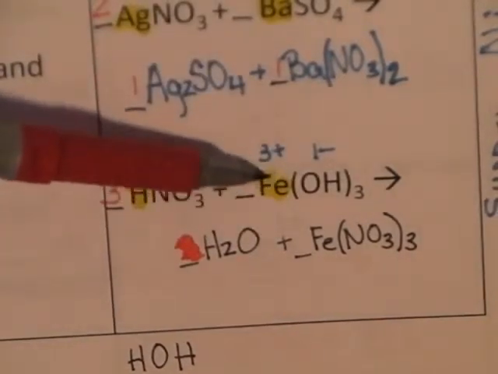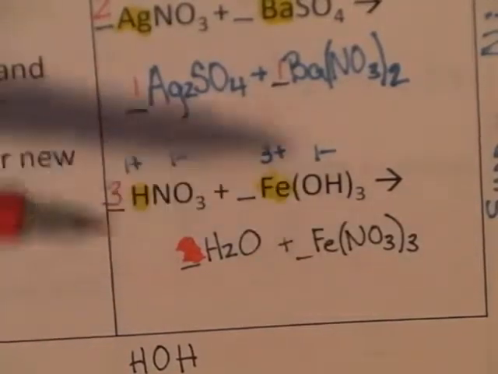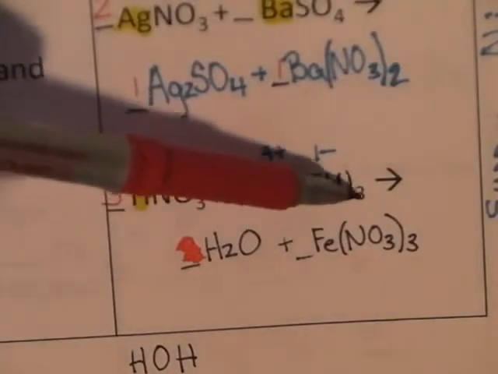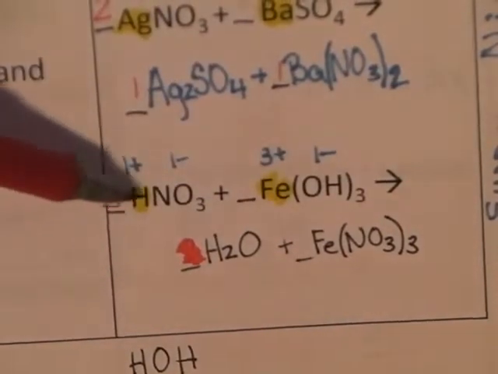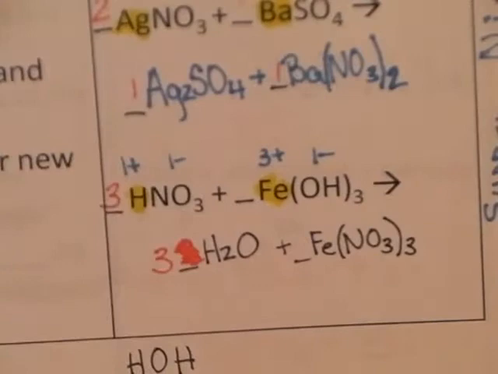So we'll do the irons next. How many irons here? 1, and how many here? 1, right? Now we can do our hydrogens. So how many hydrogens here? That's 3. And how many here? 3, right? So total on this side is 6. So now we need to put a 3 there, right? To make it 6 hydrogens.